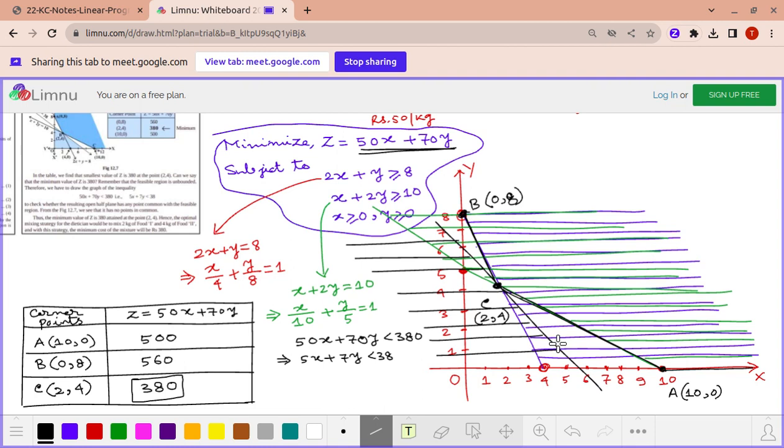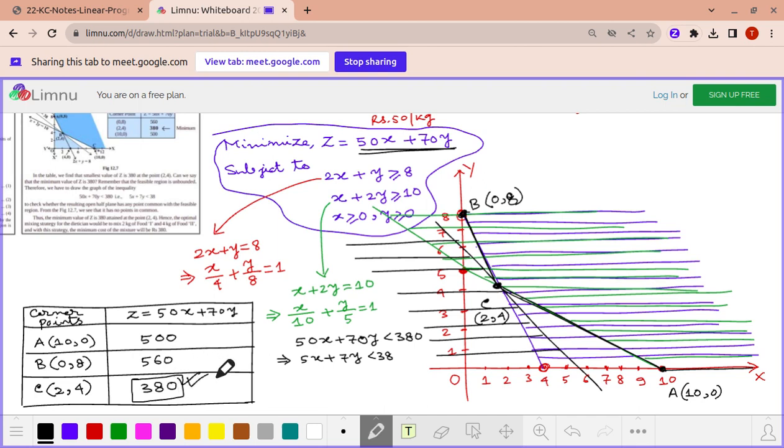So as there is no common point, we can say yes, the least value is the minimum value. Now if there exist common points, then we can say no, the least value cannot be the minimum value. But here in this case we can say this is the minimum value.